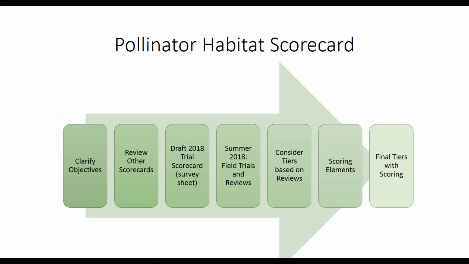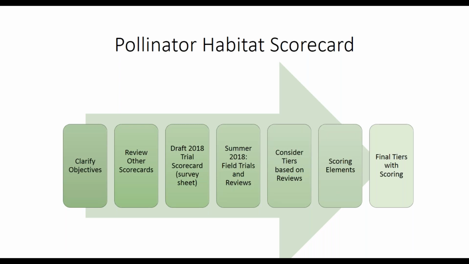So I'm going to walk you through our process that we've been following over the last 6 months. We started by clarifying those objectives, which I just shared with you. And then we did a review of other scorecards and habitat assessments.